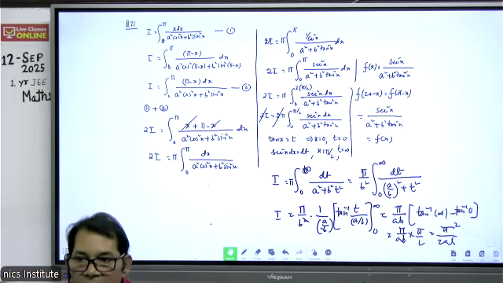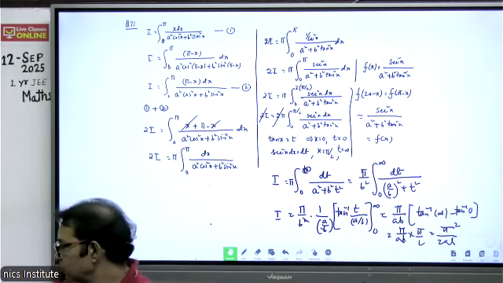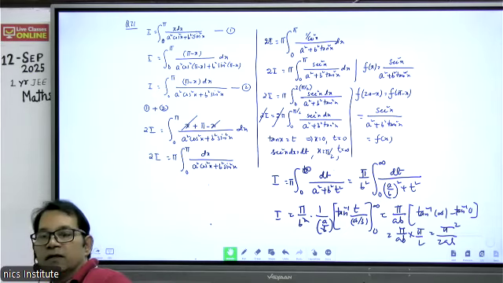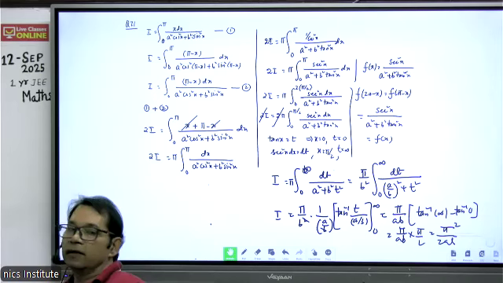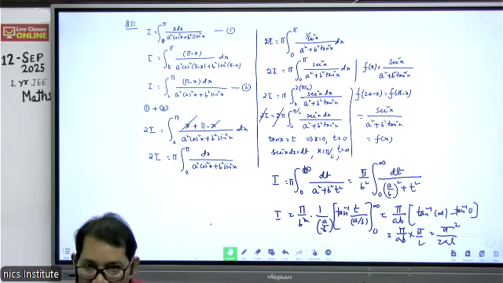x into sin pi x, mod. So you know in modulus questions, you substitute the term inside the mod as 0, get the critical points, then decide negative, positive, and solve. 5 minutes.